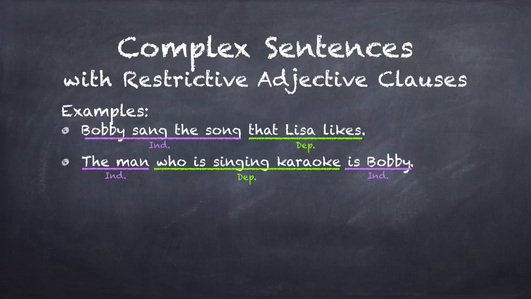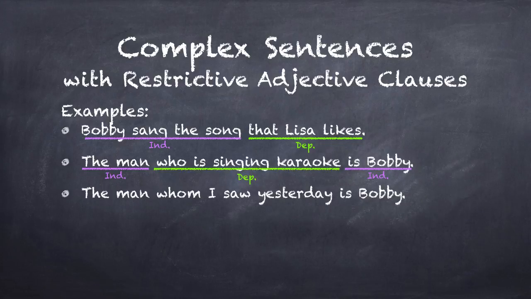For our next example, we have: the man whom I saw yesterday is Bobby. Again, the independent clause is the man is Bobby. We need additional information, so we add the dependent clause whom I saw yesterday. In this case, whom is the object of the dependent clause. I saw the man yesterday.